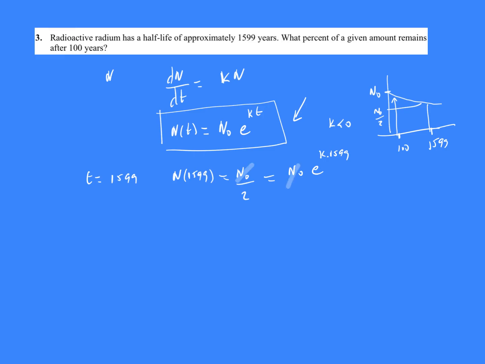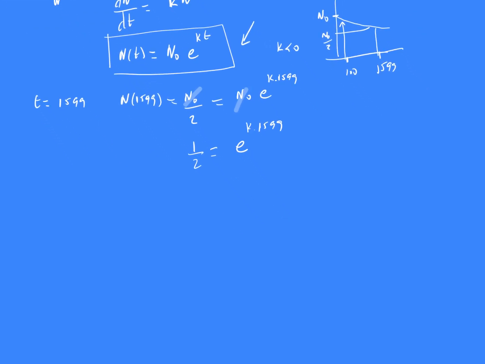So what will be the k? The equation will say 1/2 equals e to the k times 1,599. If I take the natural log on both sides, the natural log of 1/2, which is negative, is the natural log of the right side of this equation.